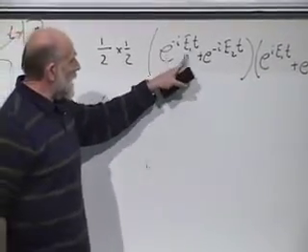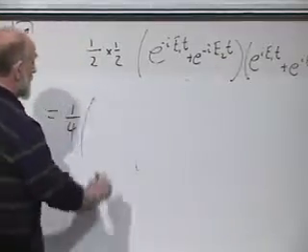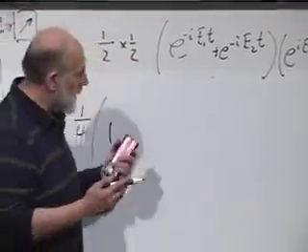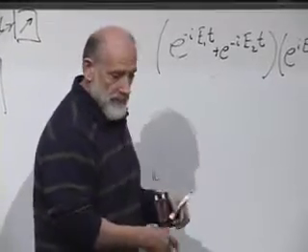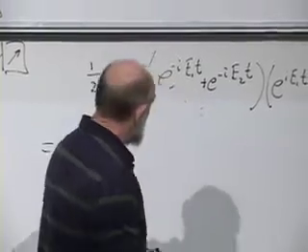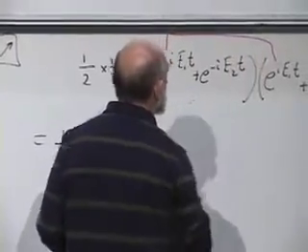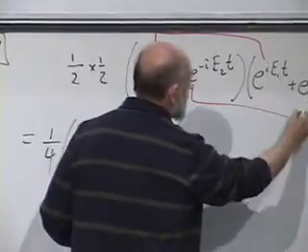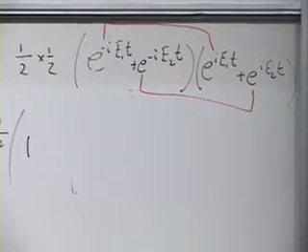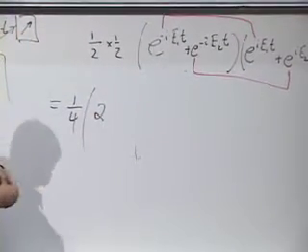e to the minus i E1 t times e to the i E1 t, that's 1. This one times this one is 1. All right, we're finished with that. Let's mark off as we do them. We've taken care of this product. Now let's take care of this product. That's 1 again. So that's plus 2. Now we have 2 cross terms.